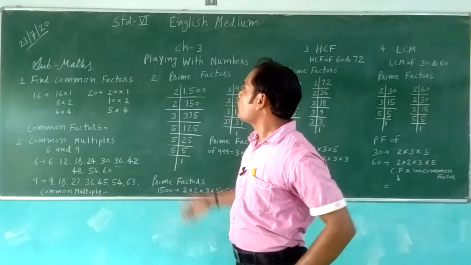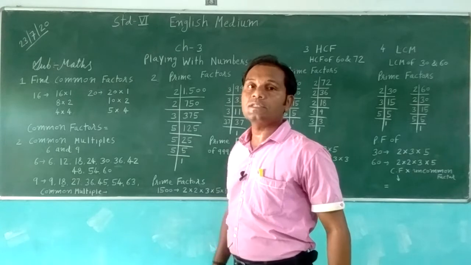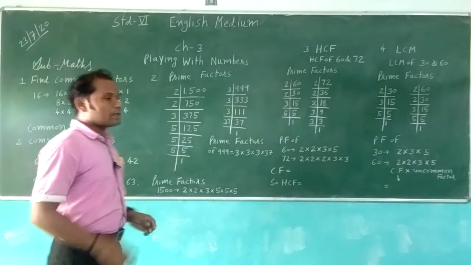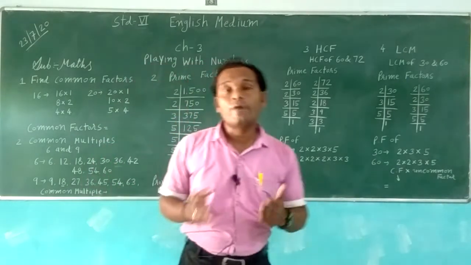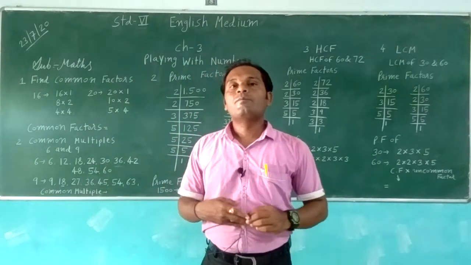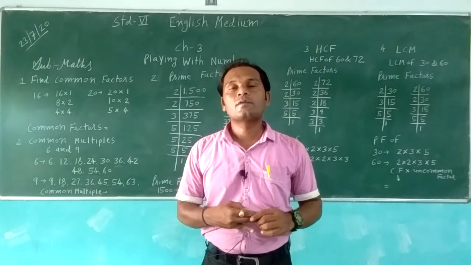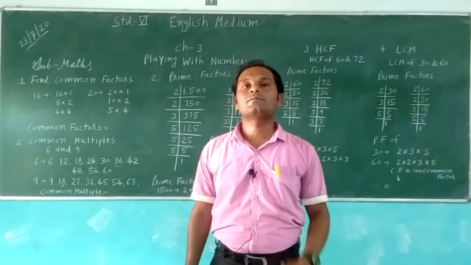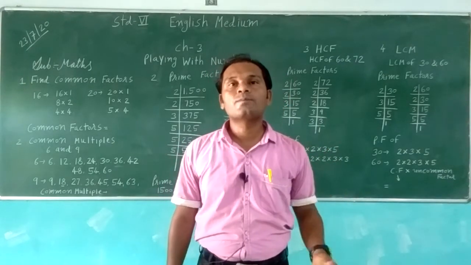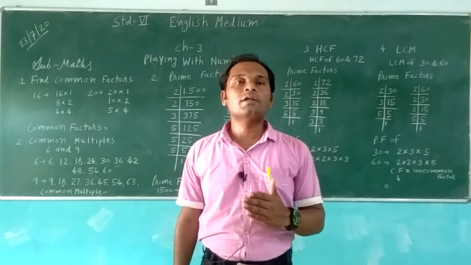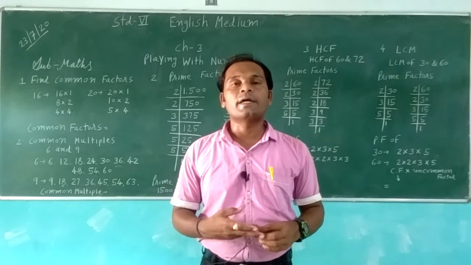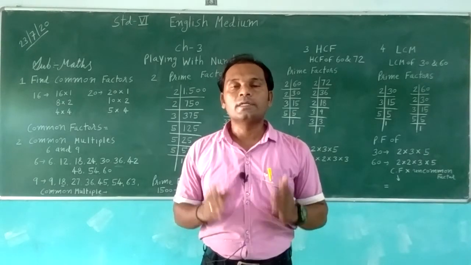So here we have two numbers, 16 and 20, and you know well that 1 is a factor of all numbers, and a number itself is a factor of that number.